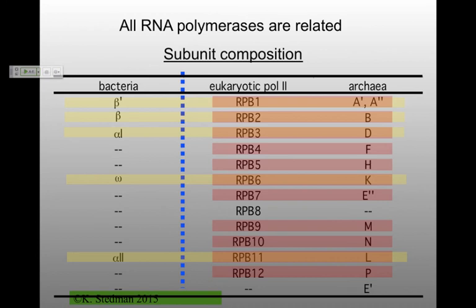The structures, as we'll see in just a second, are basically identical to each other. Just the eukaryotes have more. But the structure in and of itself is very similar. So if the largest subunits, for instance, in bacteria are beta prime and beta, they're extremely similar to these sequences and structures, which are the 2 largest subunits you have in RNA polymerase II.